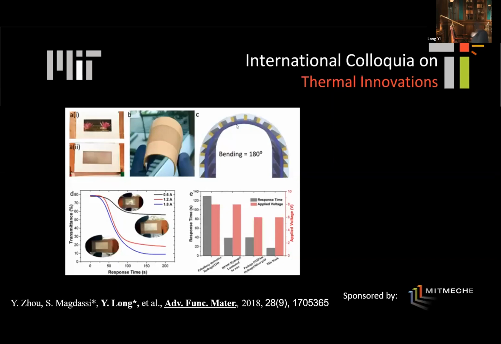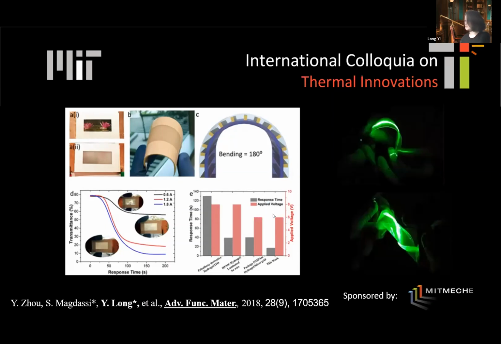By doing so, without short circuit, we get very good bending. We can have this 180 degree bending, with much faster response time and much lower applied voltage. You can even twist it, because this is hydrogel, so you can use it as a light guide. Since this is a very flexible form, it is a flexible thermochromic form.